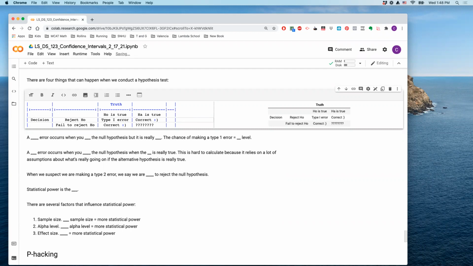The mean healthy human body temperature really is 98.6 degrees, but we got a crazy sample just by chance, we rejected the null hypothesis, and we've made a type 1 error. The other possibility is that the alternative is true, the healthy human body temperature really isn't 98.6 degrees, but we failed to reject the null hypothesis. When that happens, we call that a type 2 error.